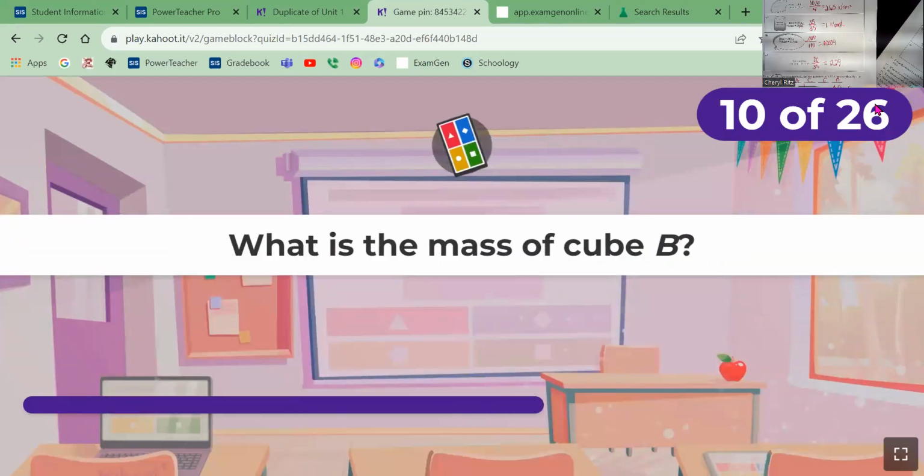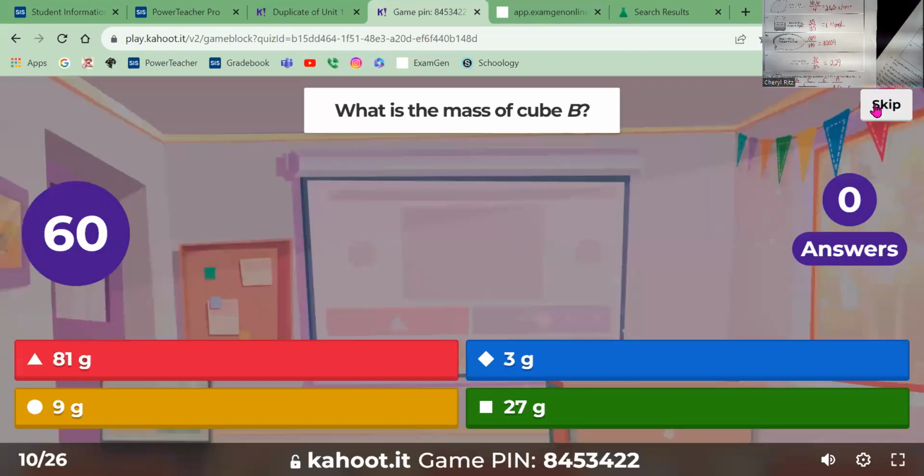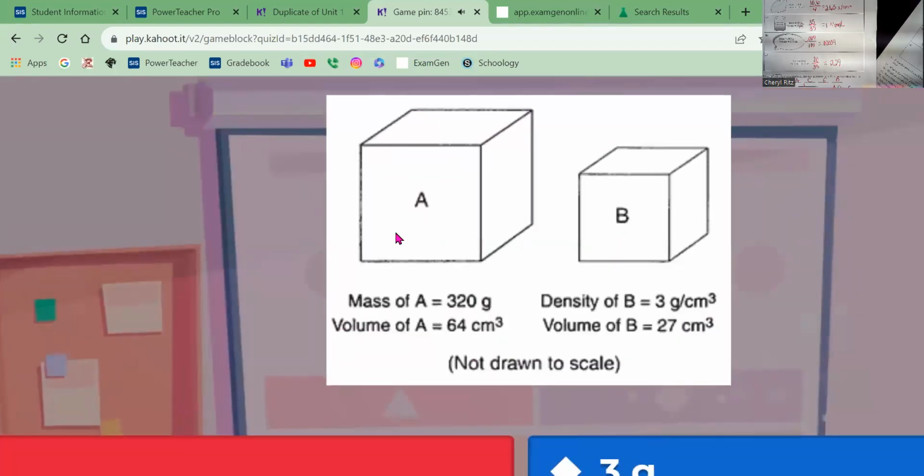What is the mass of cube B? Cube B, they give you the density, they give you the volume.